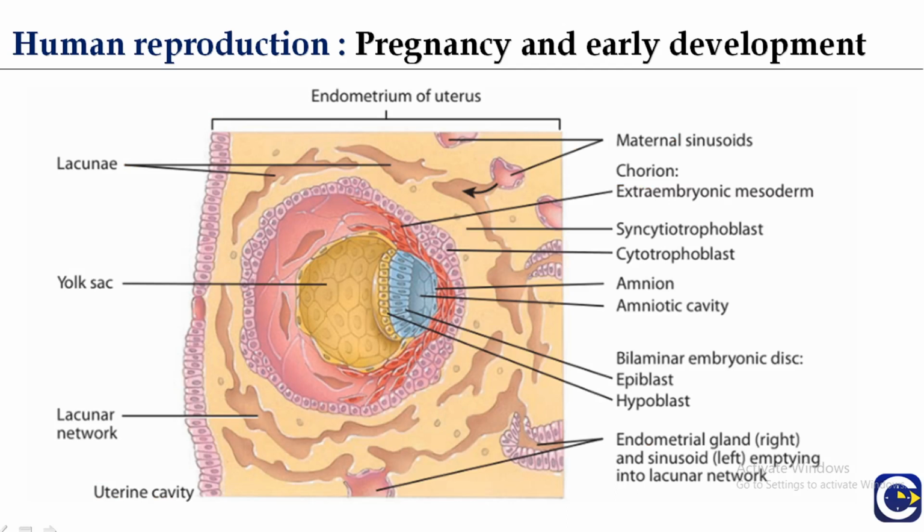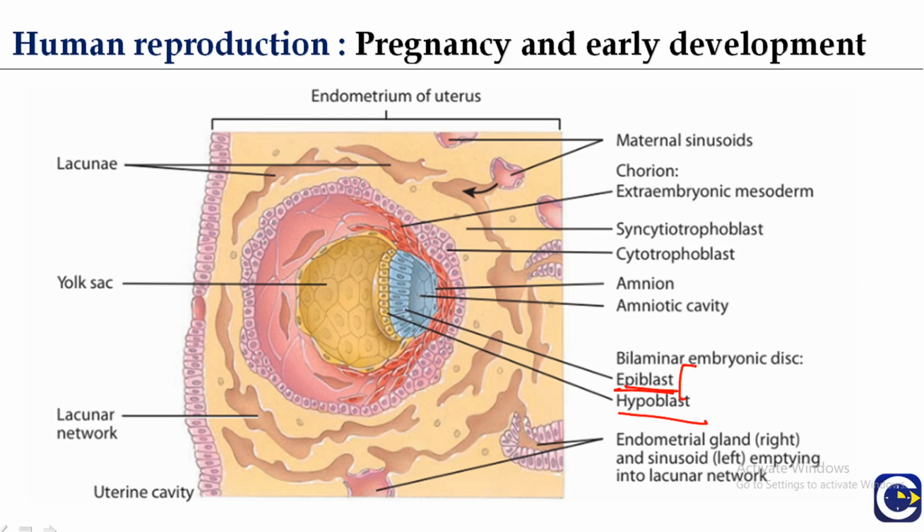So you can see here, this is the uterine cavity and this is the endometrium of the uterus as the implantation has been done. These are the maternal sinusoids and these are the epiblast and hypoblast of the embryonal knob.